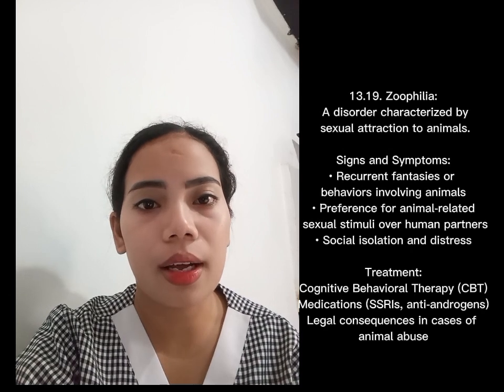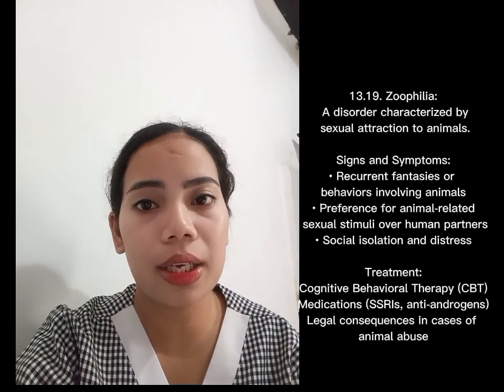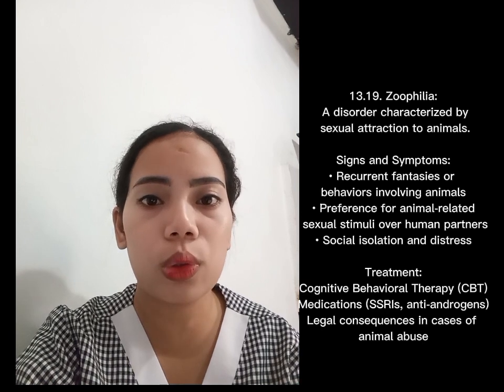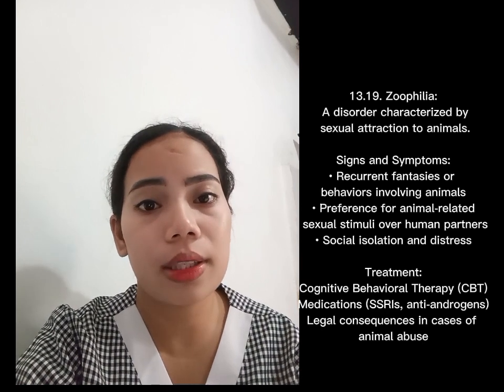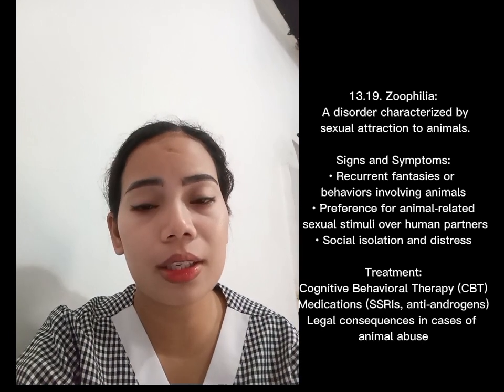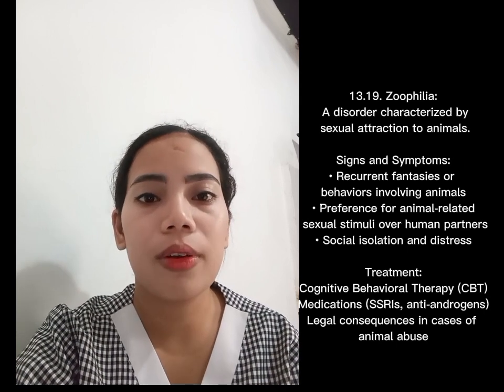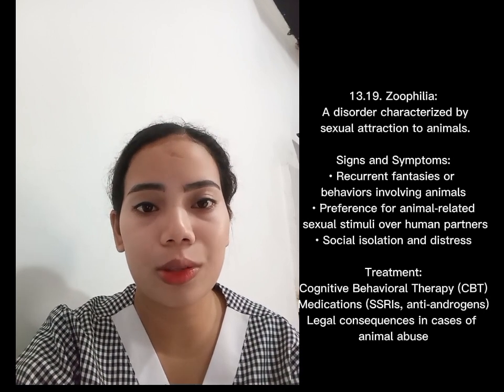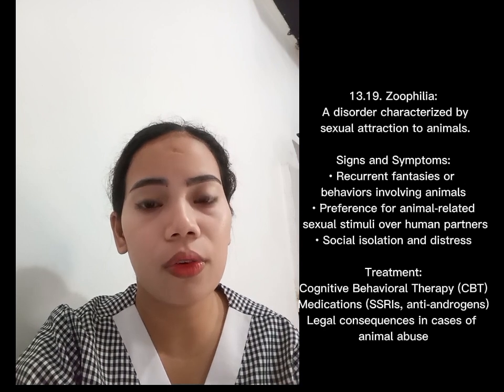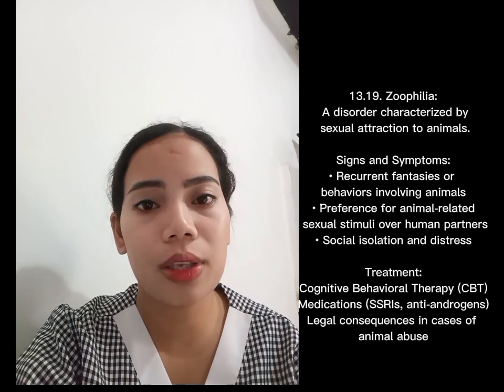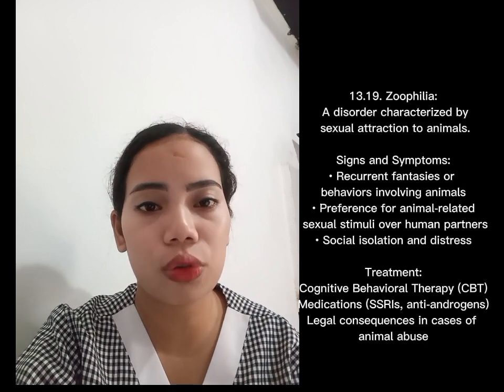Next is zoophilia, which is a disorder characterized by sexual attraction to animals. For the signs and symptoms: recurrent fantasies or behavior involving animals, preference for animal-related sexual stimuli over human partners, and social isolation and distress.